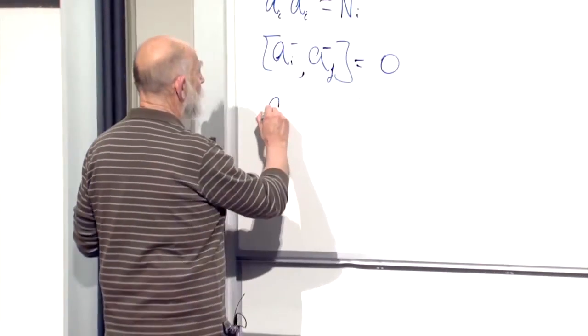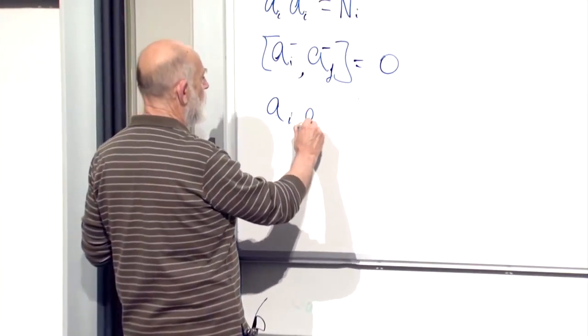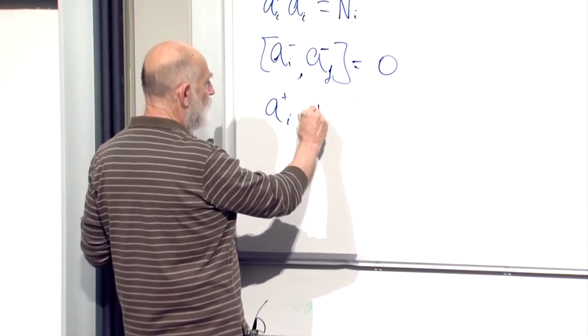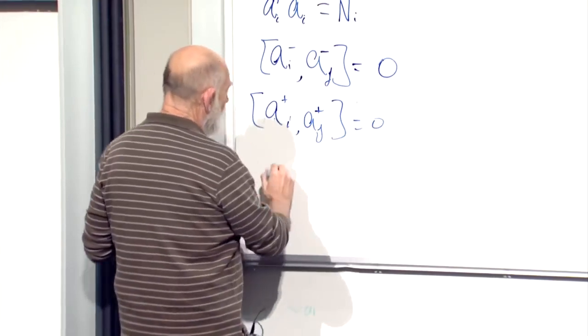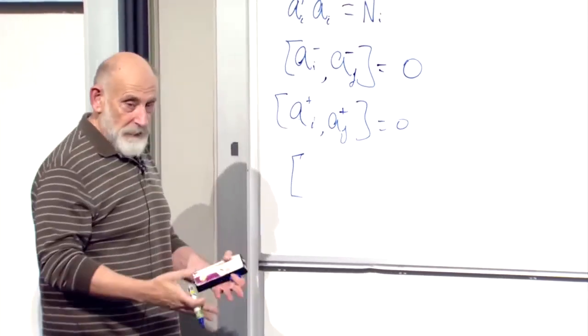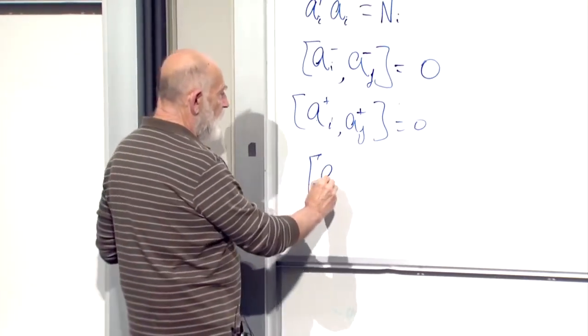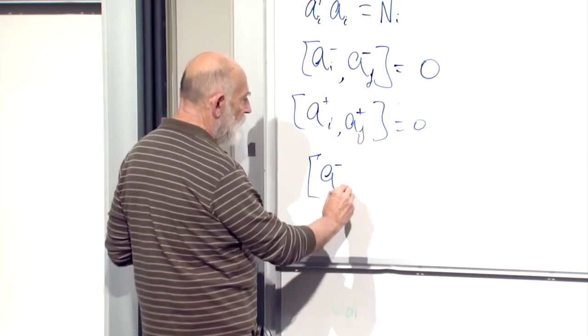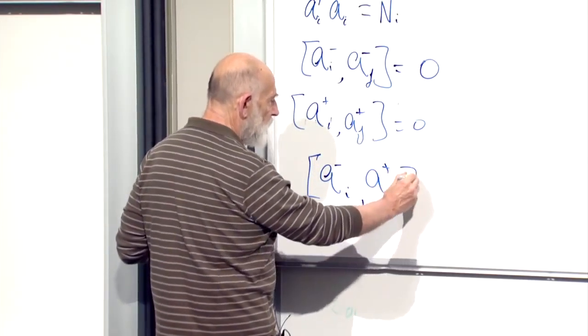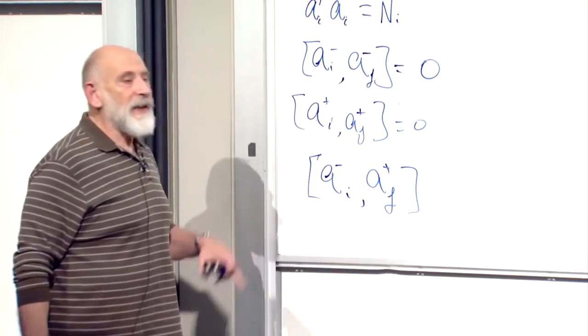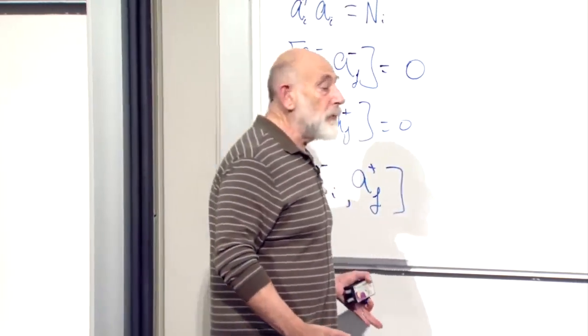Same thing for the creation operators, or the raising operators. But now here's what I wanted to say a moment ago. If I take the annihilation operator and take its commutator with a creation operator, then if i is not j, we're talking about two different oscillators.